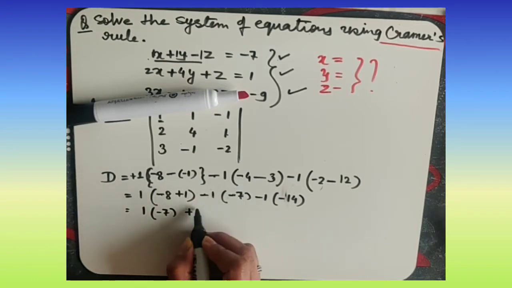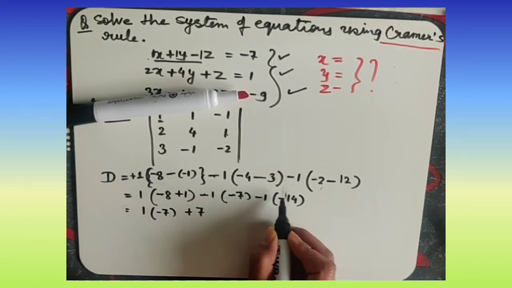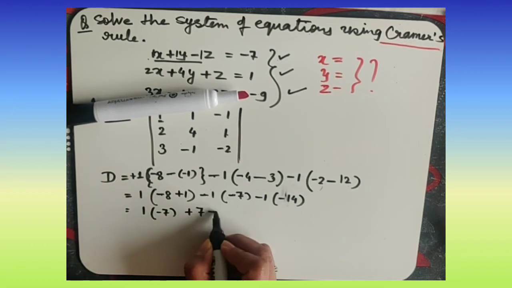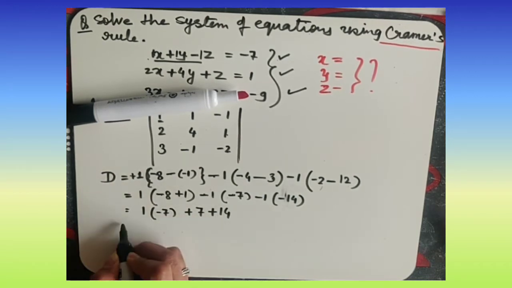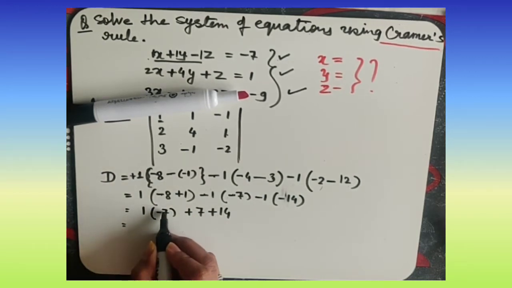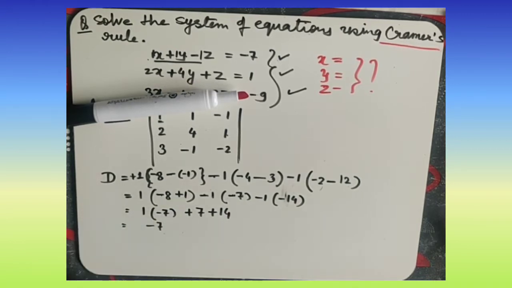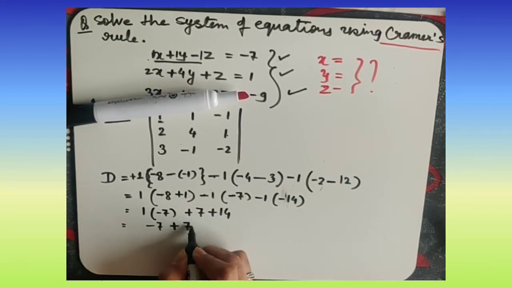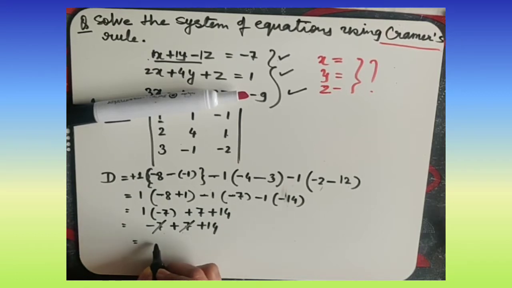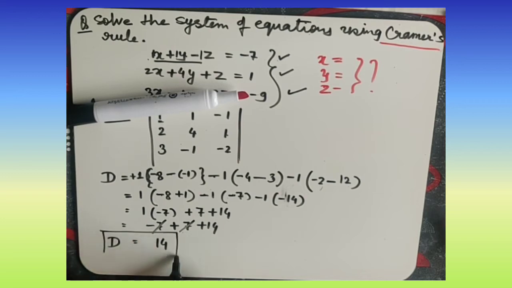And -1 multiplied by -14 will give us +14. Here it will be 1 multiplied by -7, which is -7, and then +7 and then +14. So this and this cancel, and we get D equal to 14.